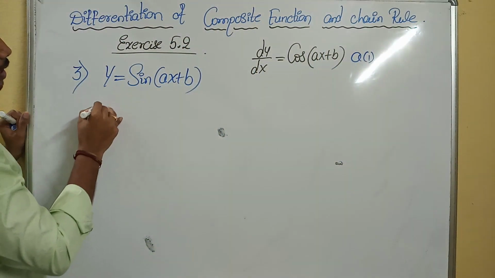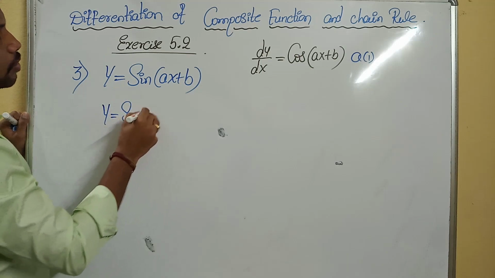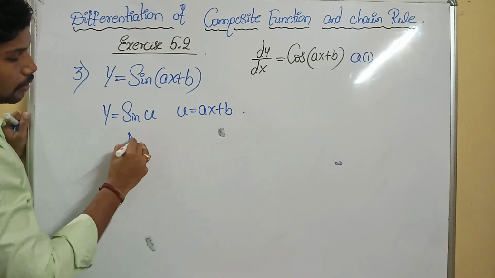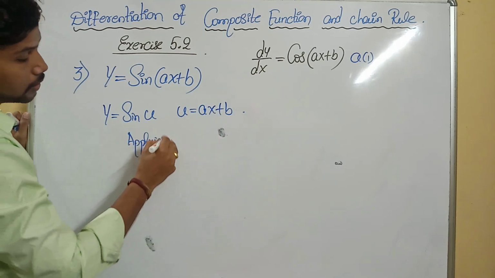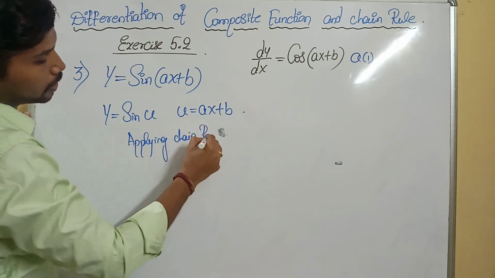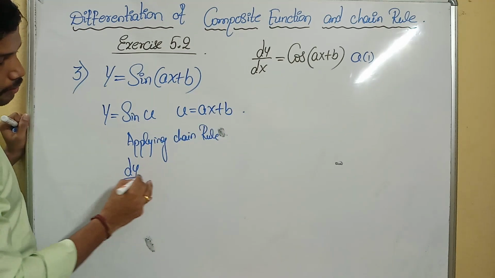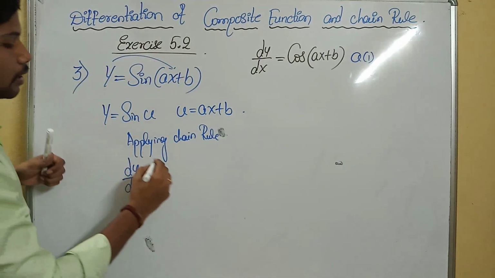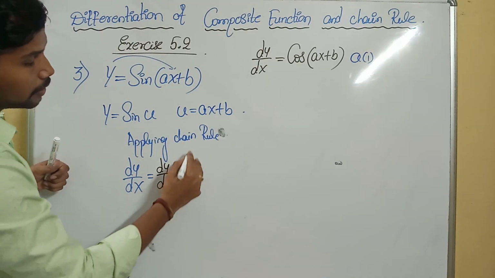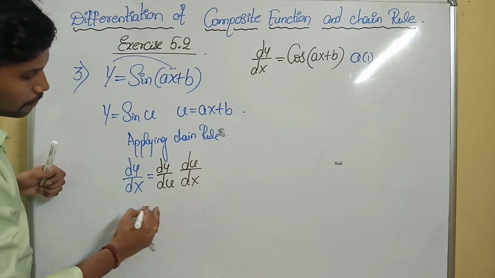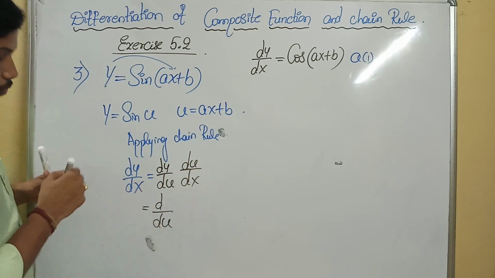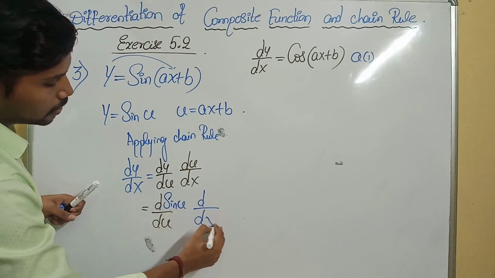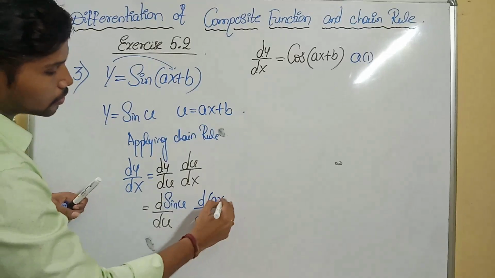Now I'd like to solve it by chain rule. It is the sine of u, where u is equal to ax plus b. If I'm going to apply the chain rule, how do I write? dy by dx, because y is a function of x, is dy by du, du by dx. Now d by du of y is sine of u, and d by dx of u is ax plus b.